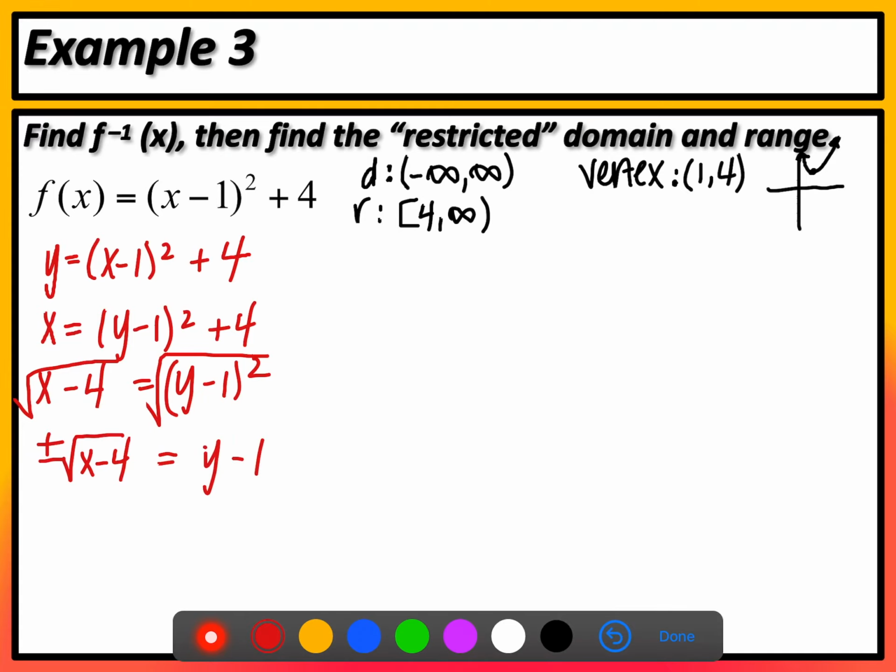Okay, so now that I've taken the square root, remember that nothing else can go inside. Okay, so when I move that to the other side, plus 1 is on the outside. Okay, so this is my true inverse equation. For domain and range purposes, we're just going to take the positive of the square root, okay, so that I can actually do domain and range here.